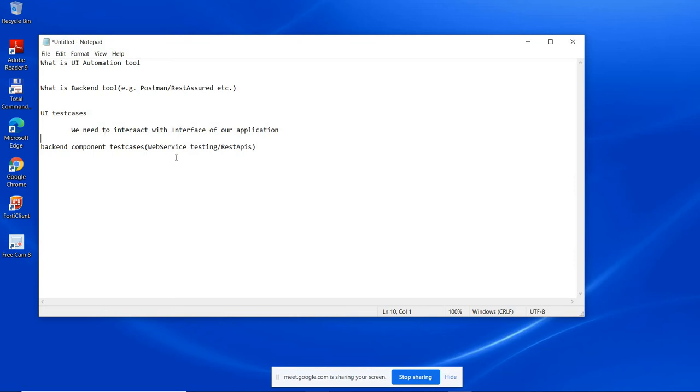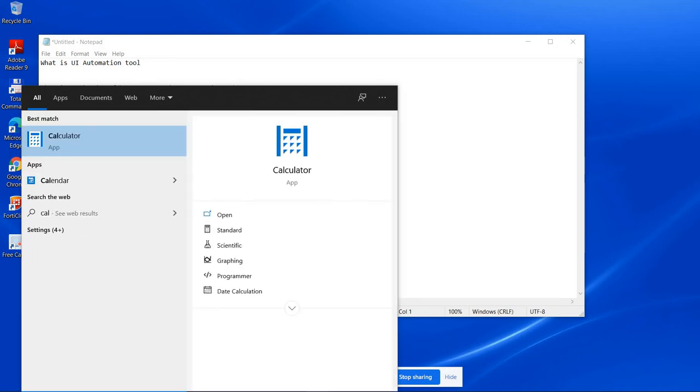Okay, now let's understand the difference between UI automation versus backend automation, and how these tools work. In our UI automation test case, I'll give you an example.